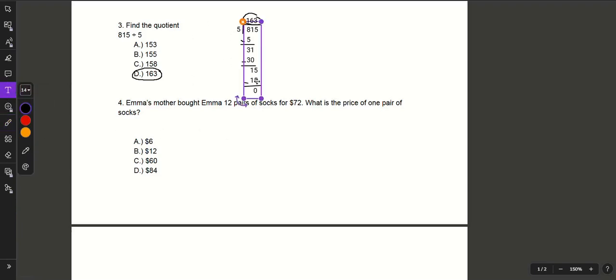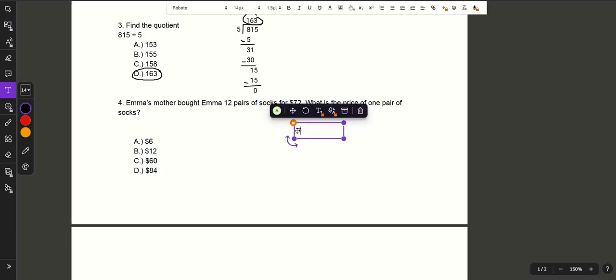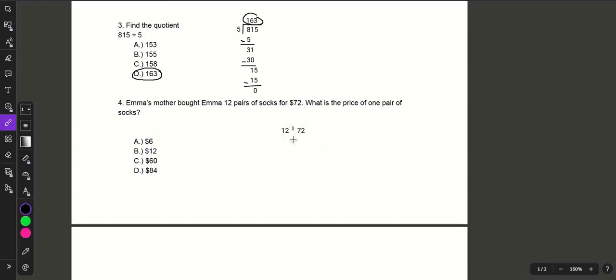So we do what we did in number 3. So put 72 here and 12. So 12 is more of a hard number to do because it has a double digit. So it still has 2 digits right here.